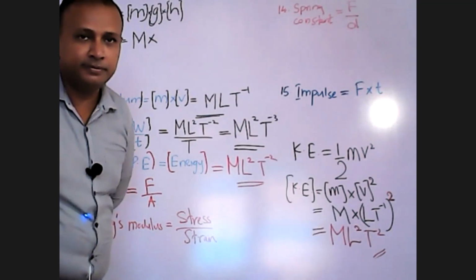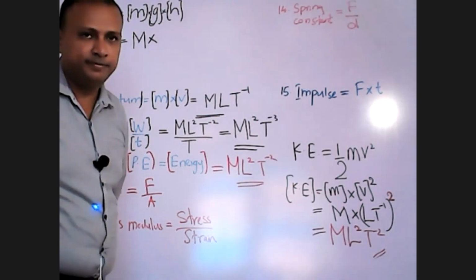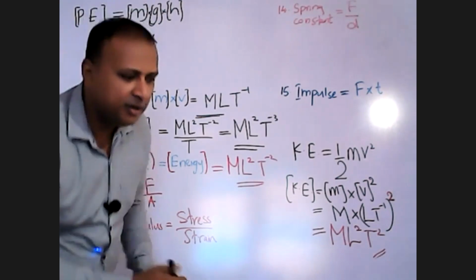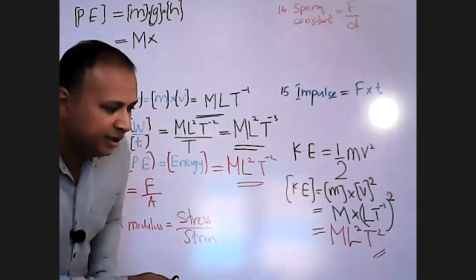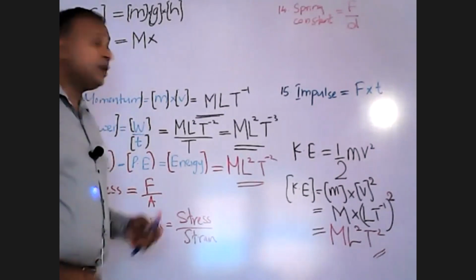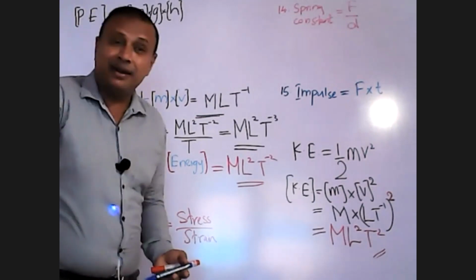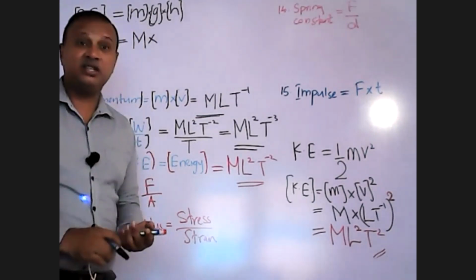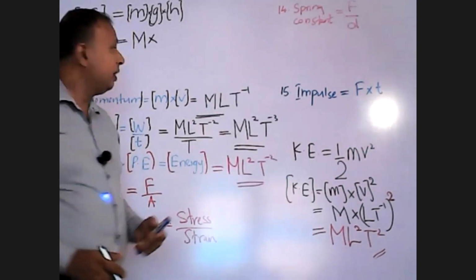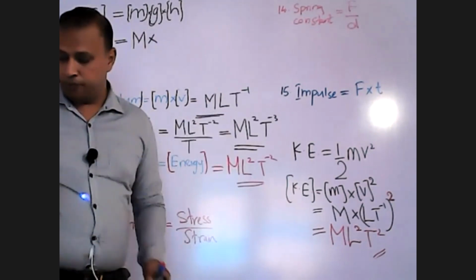LT minus 2. Very good. Because g is the gravitational acceleration, it is an acceleration, and we know the dimension of acceleration is LT minus 2.